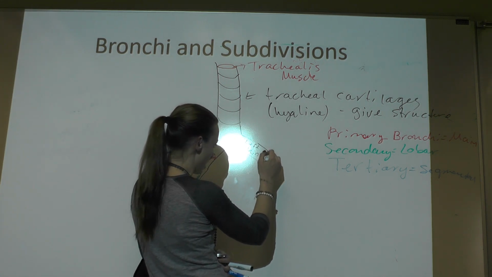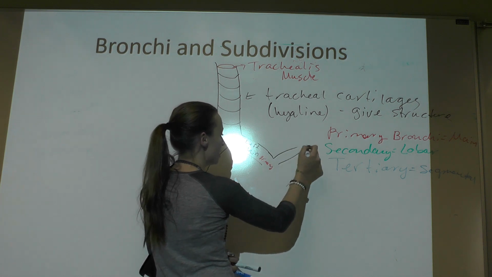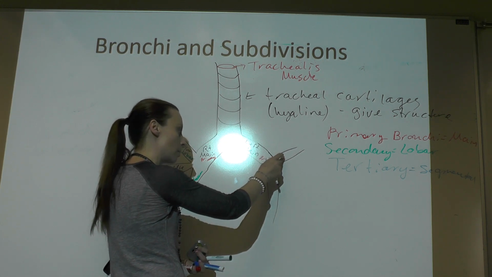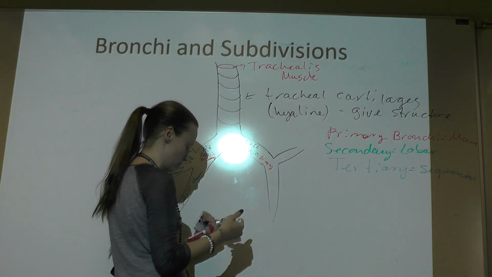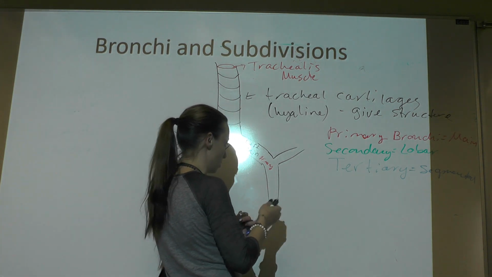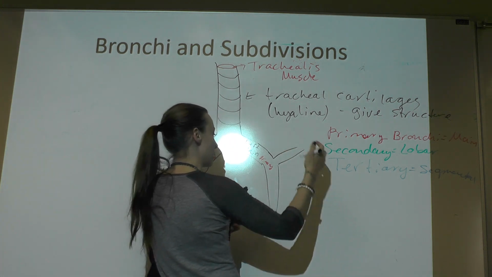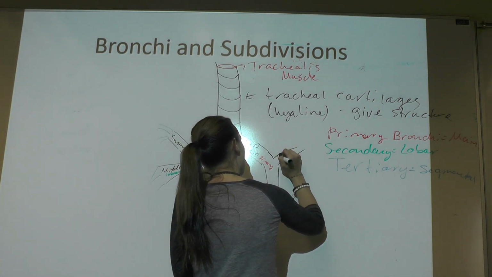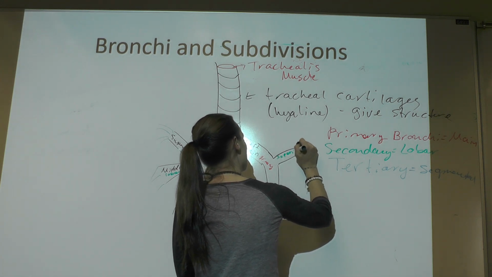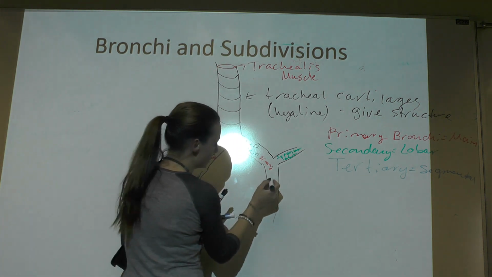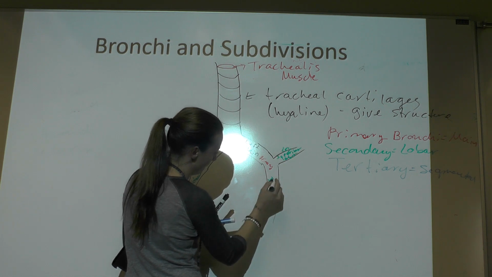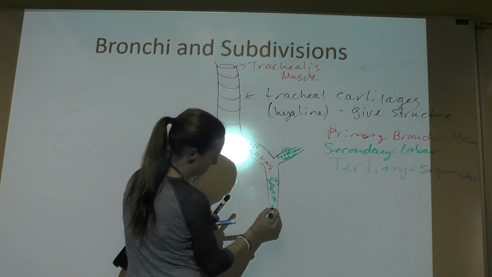On the left lung, since we have two lobes, we will branch into a superior and inferior lobar bronchus to serve the two lobes on that side, and then those will branch into the segmental bronchi that serve each lung segment. So our left main is going to branch into our left superior lobar and left inferior lobar bronchi.